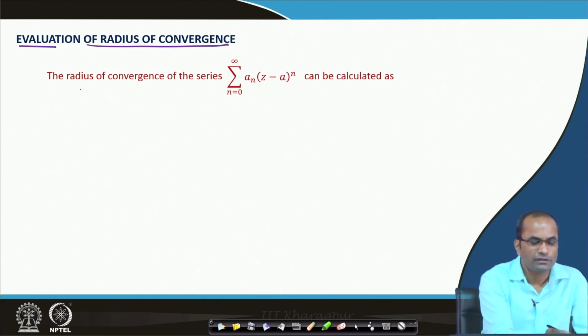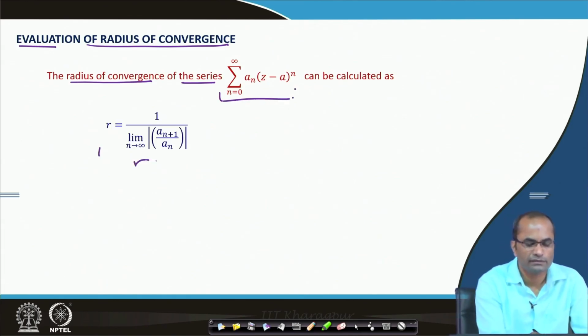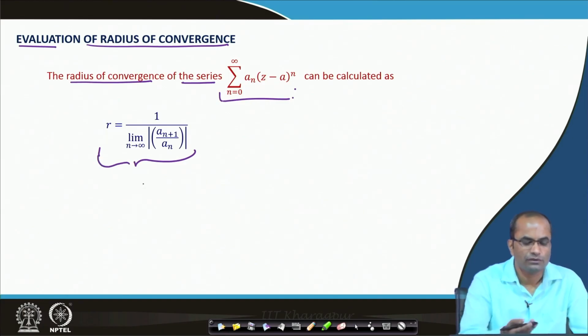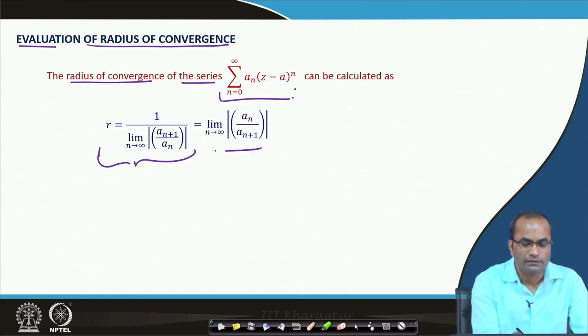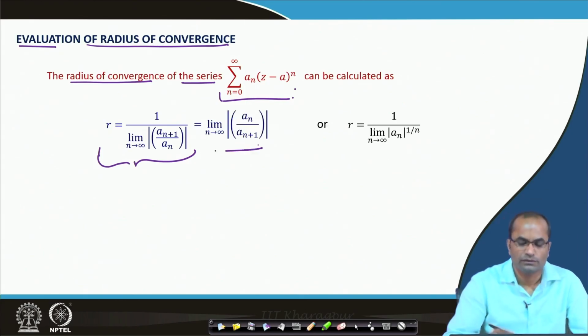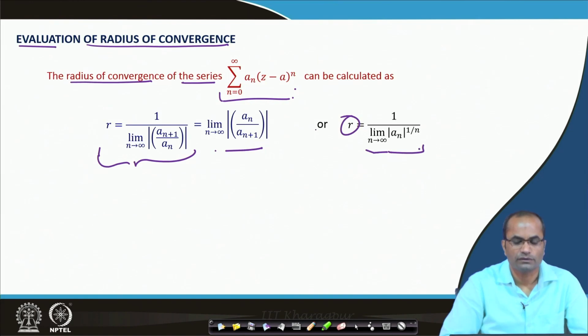But for a general power series, the radius of convergence can be calculated either by the so-called ratio formula, which is parallel to what we have for real numbers, or by the root test, from which we also get the radius of convergence.